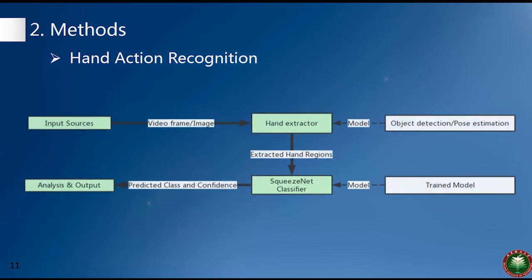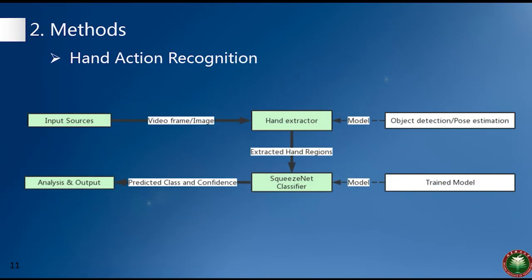The first part of the system is hand action recognition. We want to protect information security in special places, such as confidentiality rooms, usually indoor.